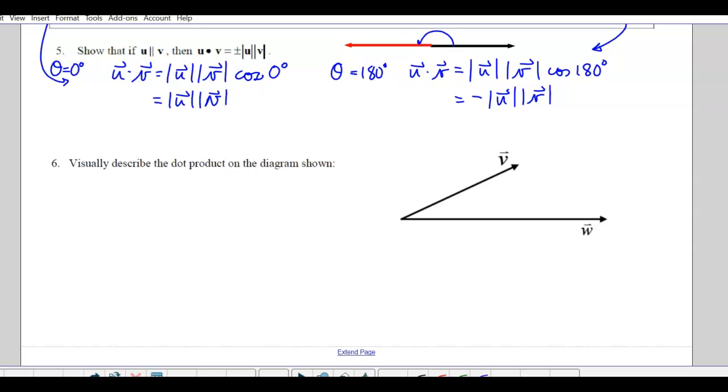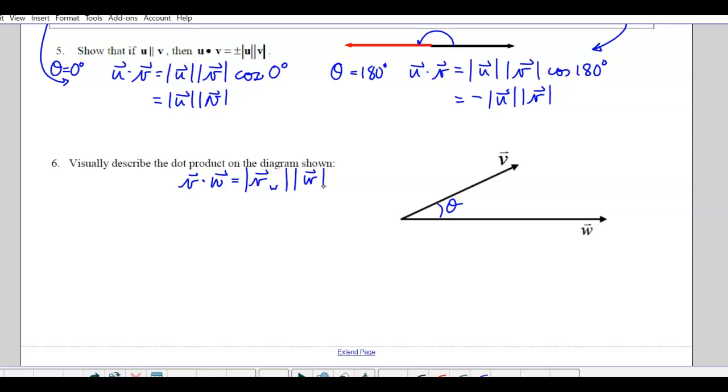Okay, so visually describe the dot product on the diagram shown. So we've got two vectors. This is the angle between them. Really what the dot product is, this is v and w, right? V dot w is the projection of v onto w times the magnitude of w. So what is a projection? You may have talked about this in physics.